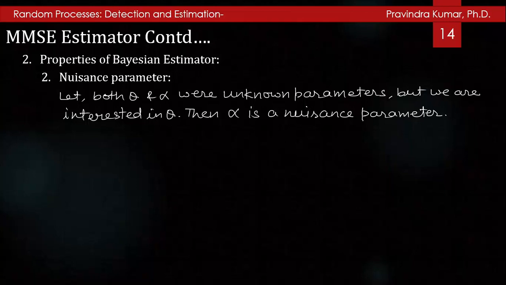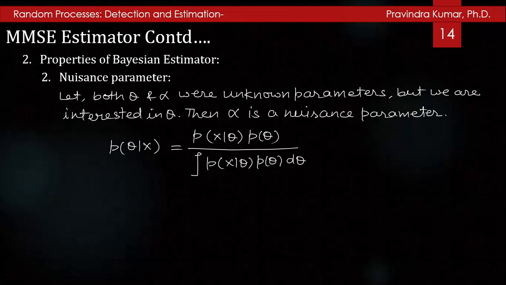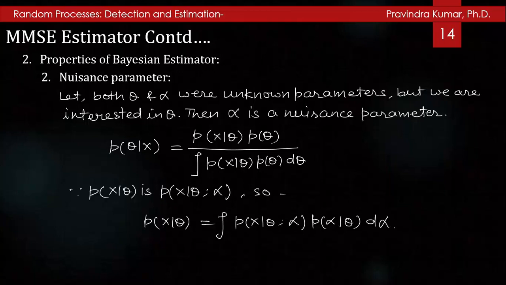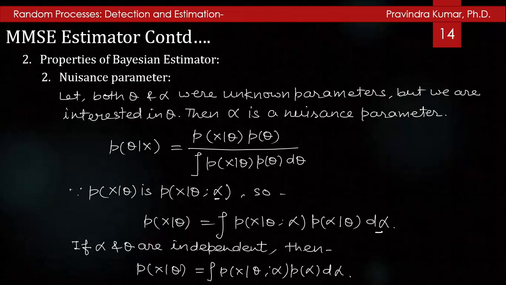Considering the Bayes rule for the posterior PDF, p(θ|x) is p(x|θ)p(θ) divided by the integration of p(x|θ)p(θ)dθ. Here p(x|θ) is obtained from p(x|θ, α), so p(x|θ) is the integration of p(x|θ, α) times p(α|θ) dα. If α and θ are independent, then p(x|θ) is the integral of p(x|θ, α) times p(α), because α is independent from θ, so p(α) dα.